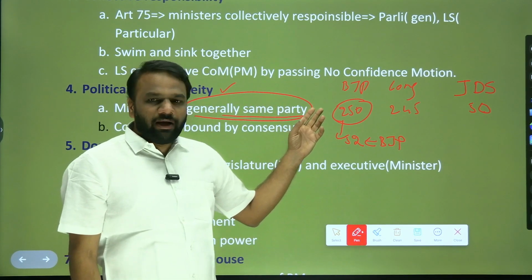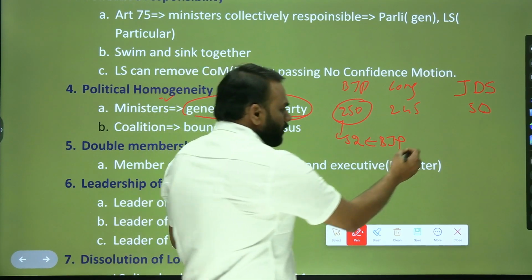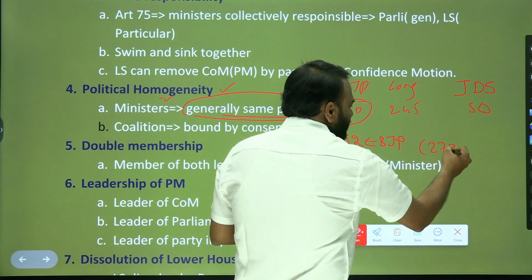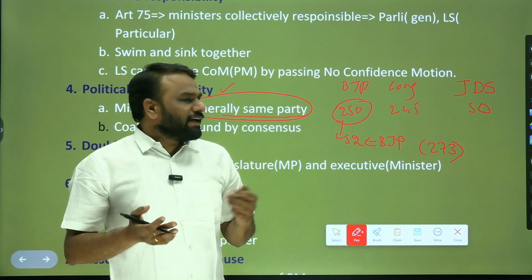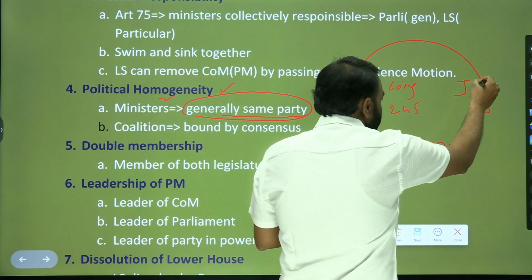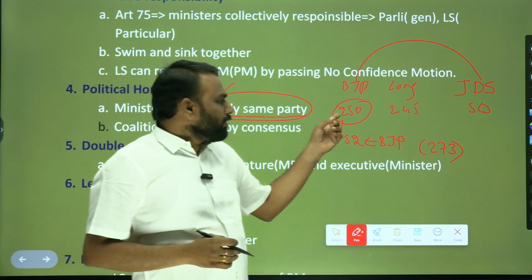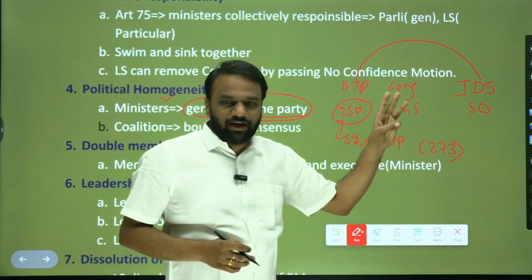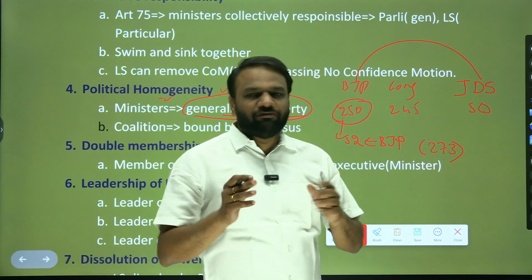Now none of the parties can form the government, because to form a government we require a minimum of 273 members. So let us assume BJP and JDS together form a government. 250 plus 50 is 300, so it crosses the required mark of 273, and they can form the government.